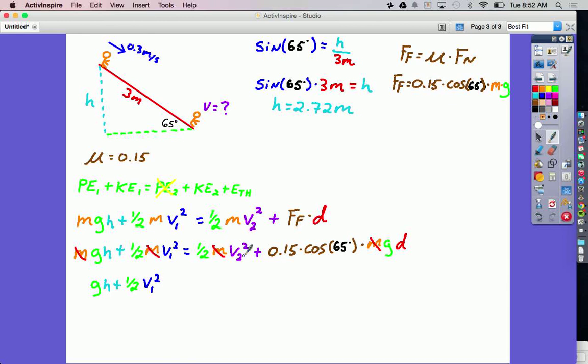And since I'm trying to get v2 all by itself, I need to get rid of this term here. And since I'm adding it, I'm going to subtract what I've got right here.